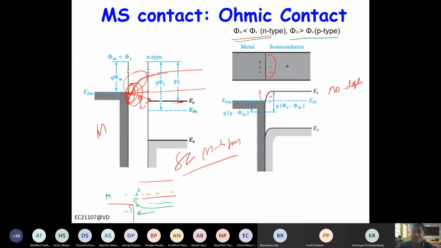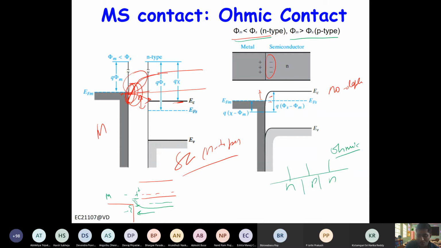Now let us consider a situation. Let's say we have our PN junction or NPN BJT, right? And we want to make contact. We want to make all ohmic contacts. Now, with this requirement, you can make ohmic contact only with particular materials.